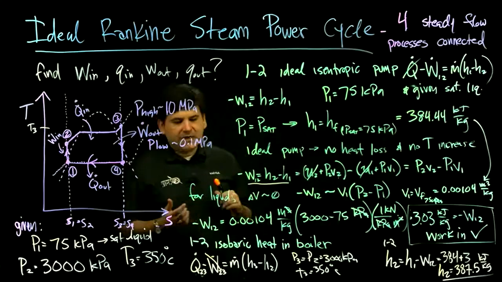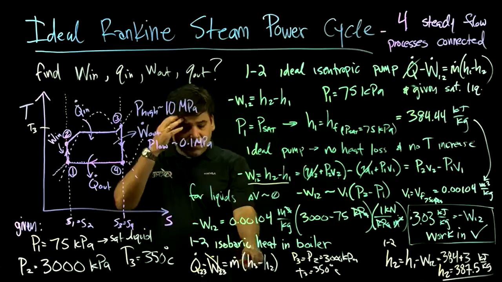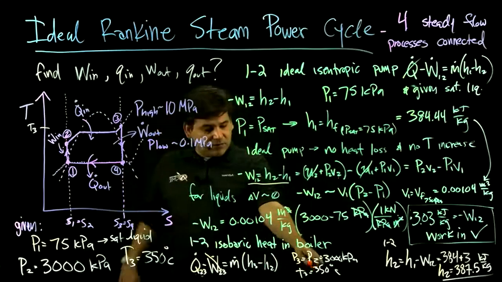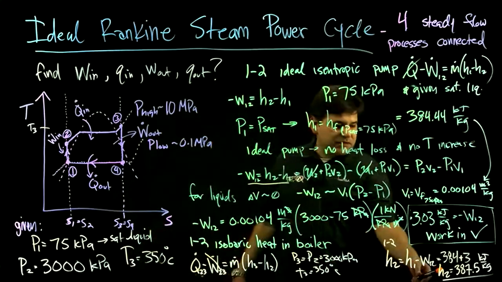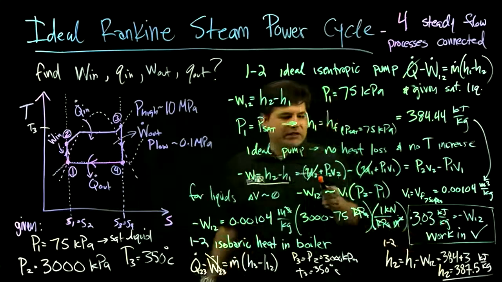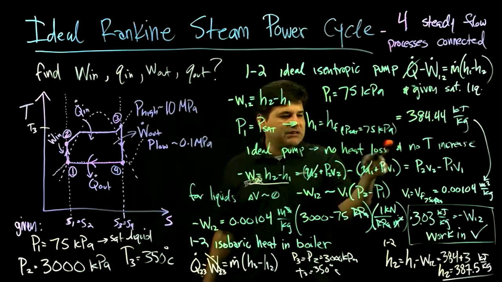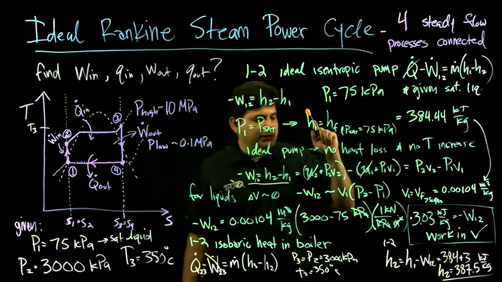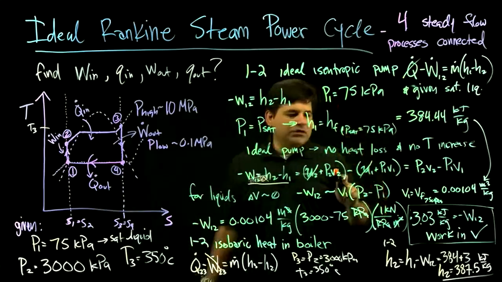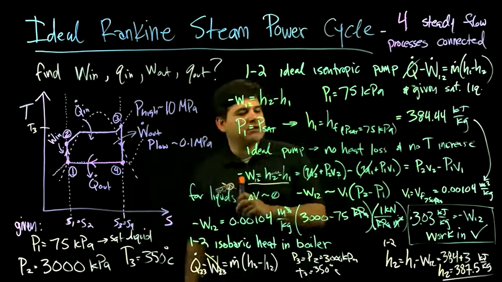So yeah, we can find heat in now because we know we're going to find H3 on the steam table soon. We found H2 from the previous process. We can either just plug it into enthalpy, making the assumptions that U2 equals U1 because the temperature does not change, and V2 equals V1 because the volume does not change.